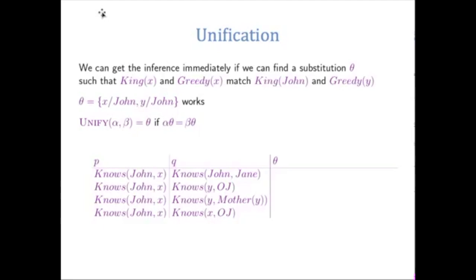And so in general, we can unify alpha and beta with theta if the unification theta in alpha is the same as the unification theta in beta.